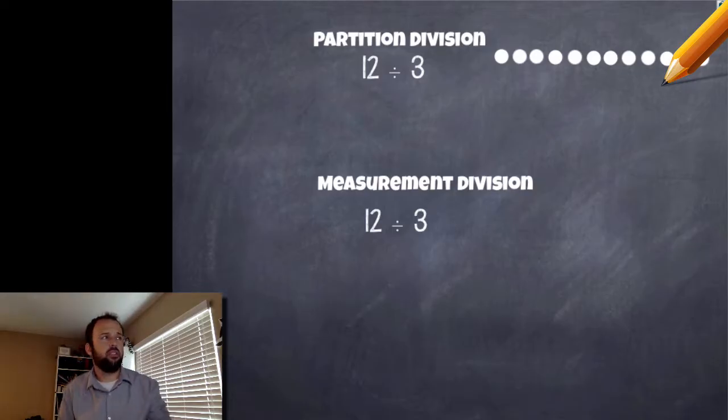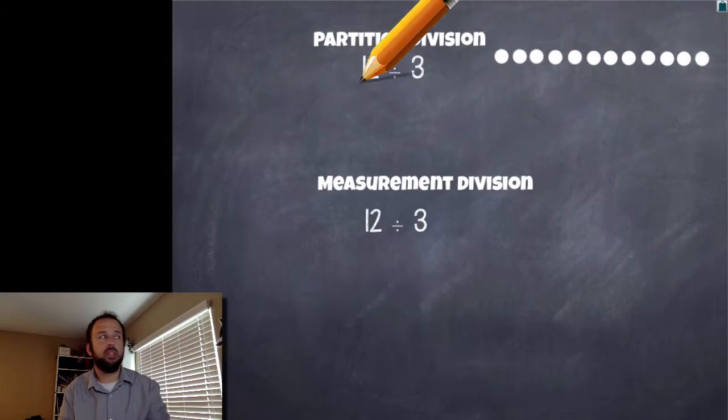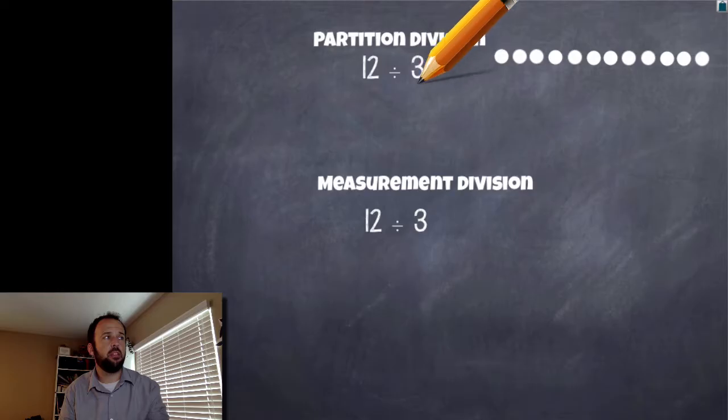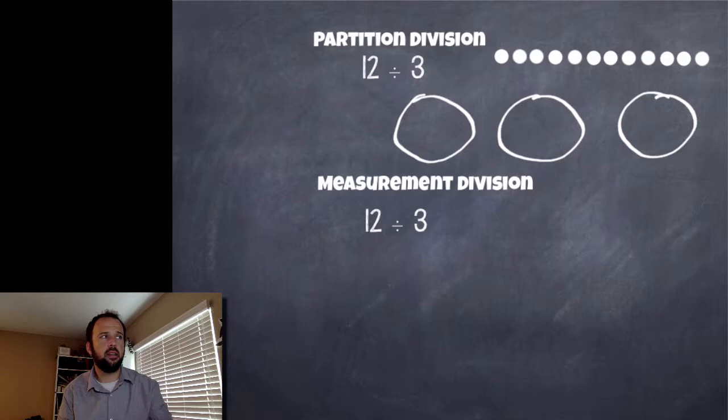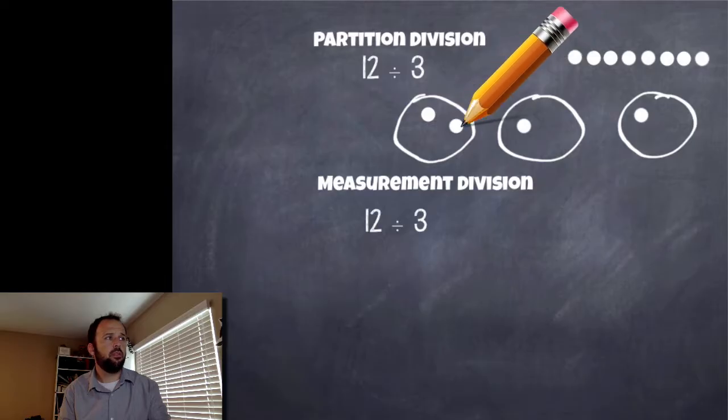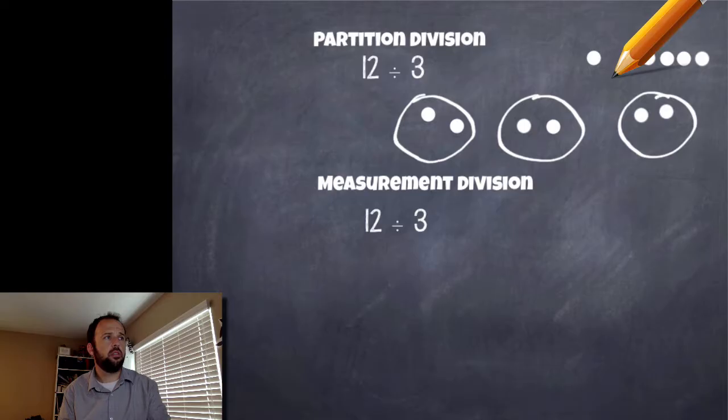In partition division, I'm going to partition them. I'm going to move them into however many groups I'm dividing them into. In this case, it's 3, right? So I would draw out 3 groups, 1, 2, 3, and I would start to partition these into those groups. So 1, 1, 1, 2, 2, 2.